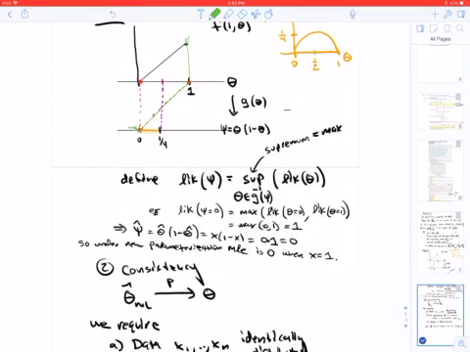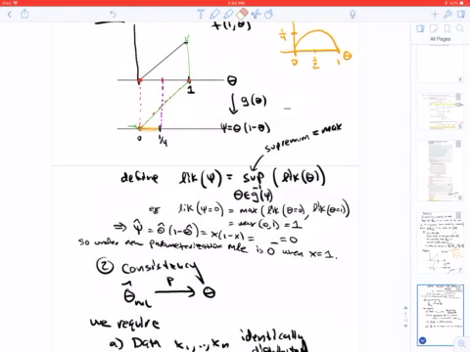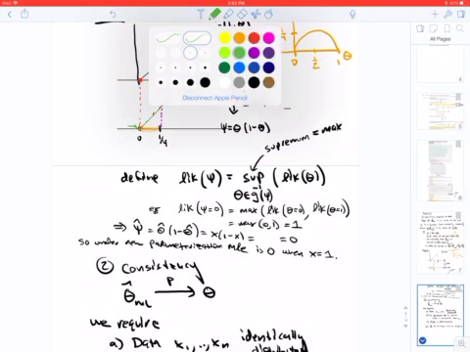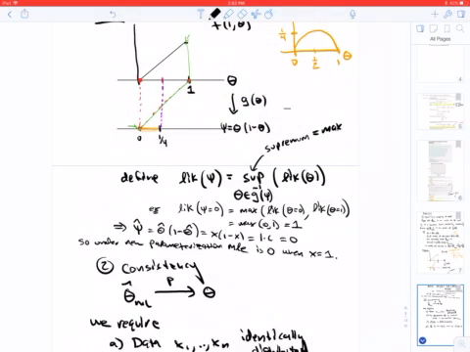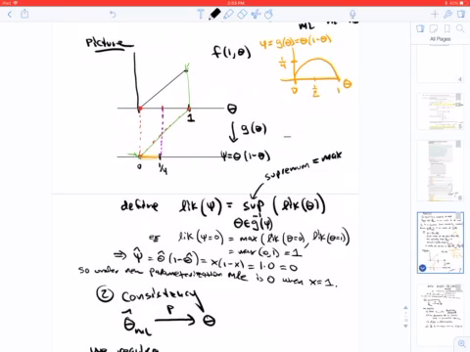So phi hat is just going to be theta hat times 1 minus theta hat, which is x times 1 minus x. x is 1 in this case, so this is 1 times 0, which is just 0. So under our new parameterization, the MLE is 0 when x is 1.